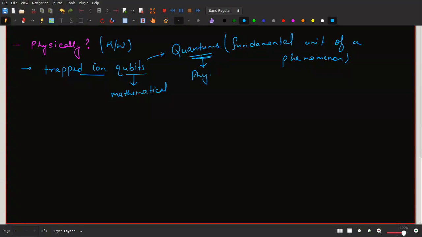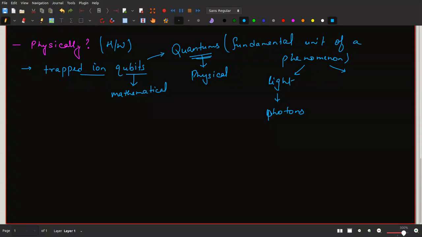So this is the physical entity. Now physically we have different types of quantums. For light, what is the smallest particle which is discrete in nature? That is the photon, right?